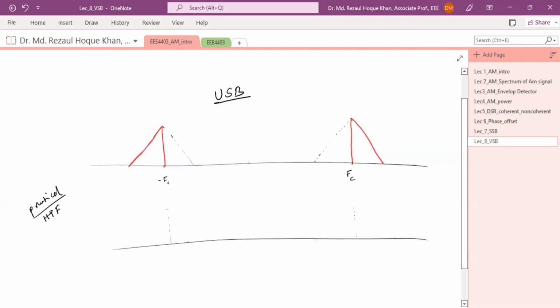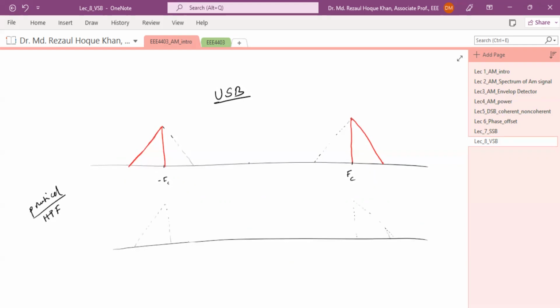Because of this practical nature, let me draw this portion again.